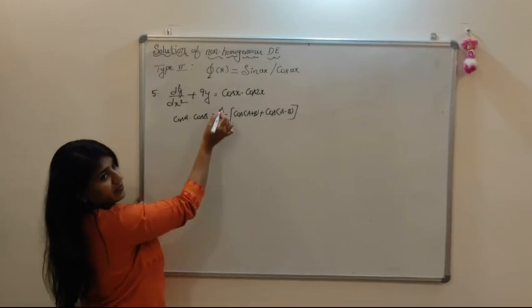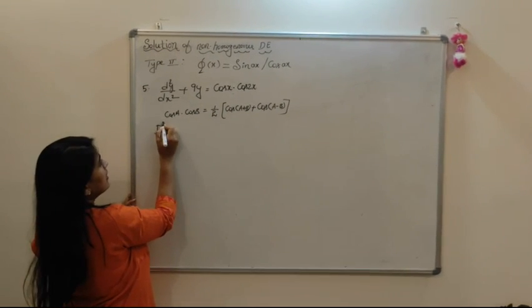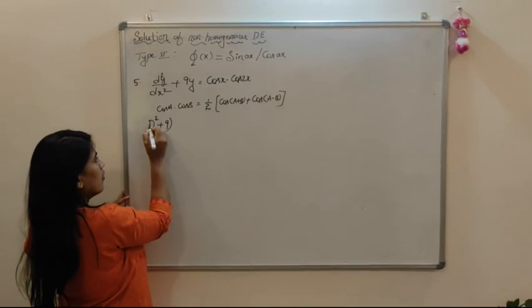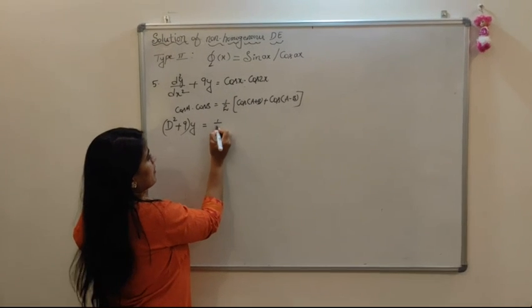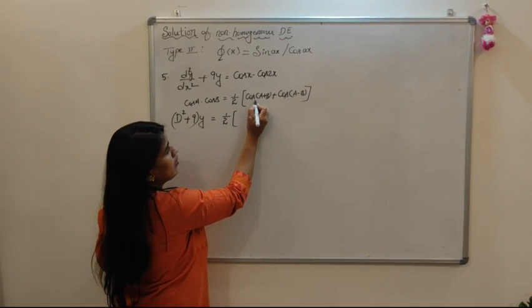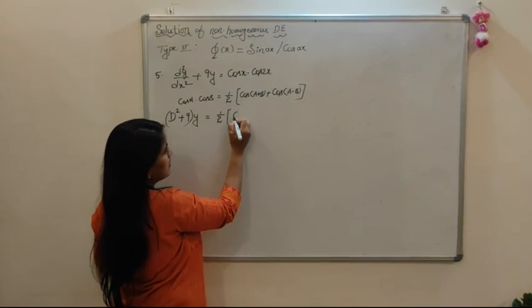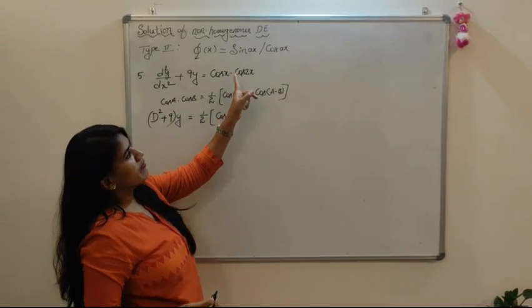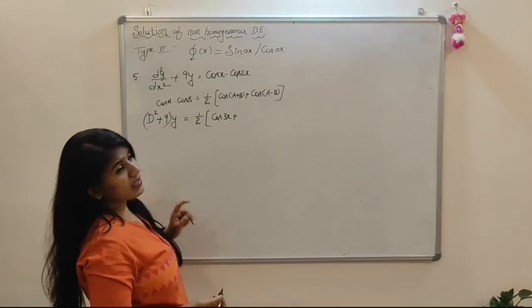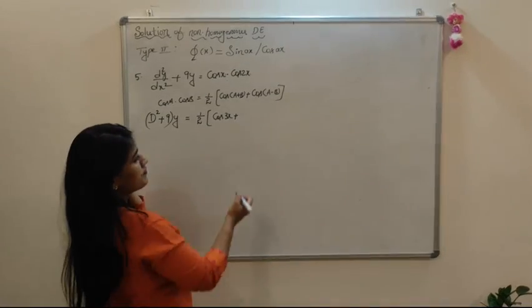So I'll write the equation as d square plus 9 of y is equal to 1 by 2 of cos of A plus B, x plus 2x, 3x, cos 3x, plus A minus B, x minus 2x, which is cos of minus x.